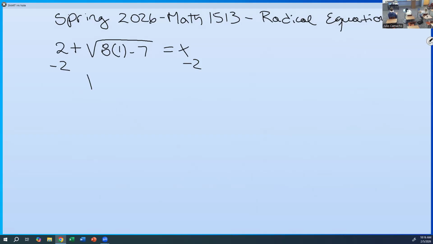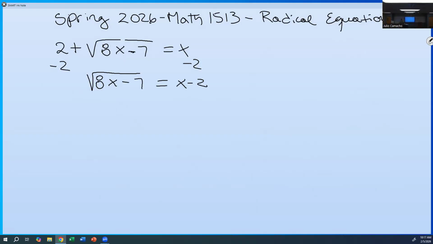So now you have only the square root of 8x minus 7 equal to x minus 2. We moved the 2 to the other side.